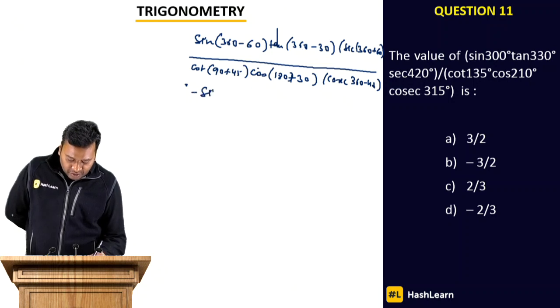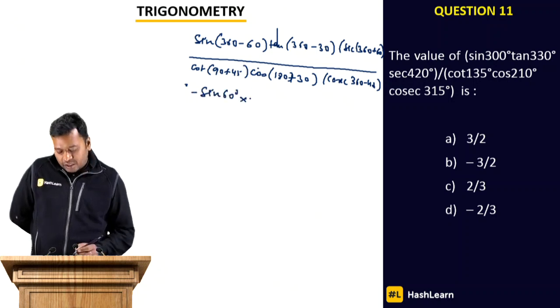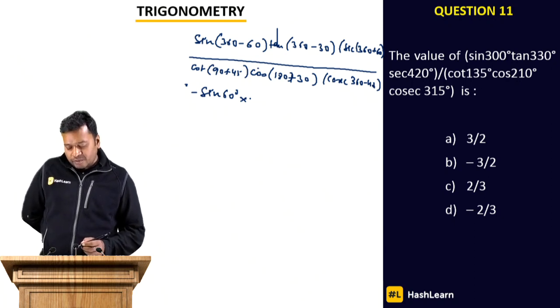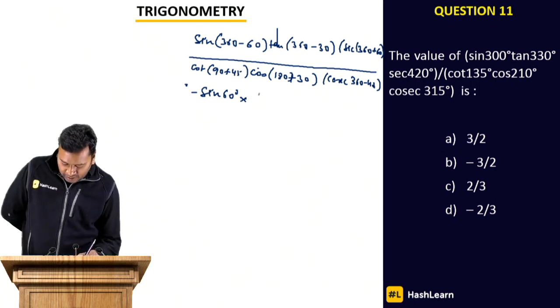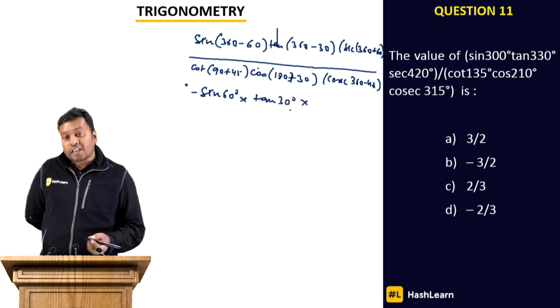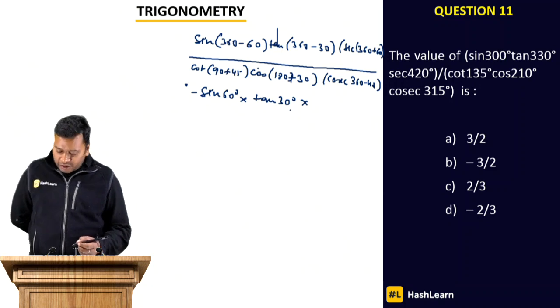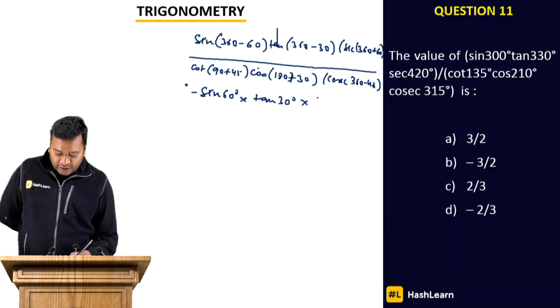So that's nothing but minus sine 60 degree into tan 360 minus 30, right? So that also represents, it will be a negative value here, right? That's nothing but tan 30 degree. Sec is opposite of cos, right? That means it's a positive value here because it's the first quadrant. In the first quadrant every value is positive, right?